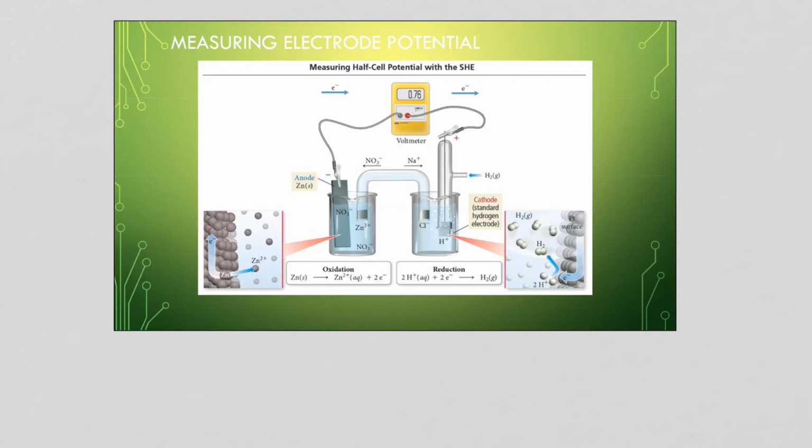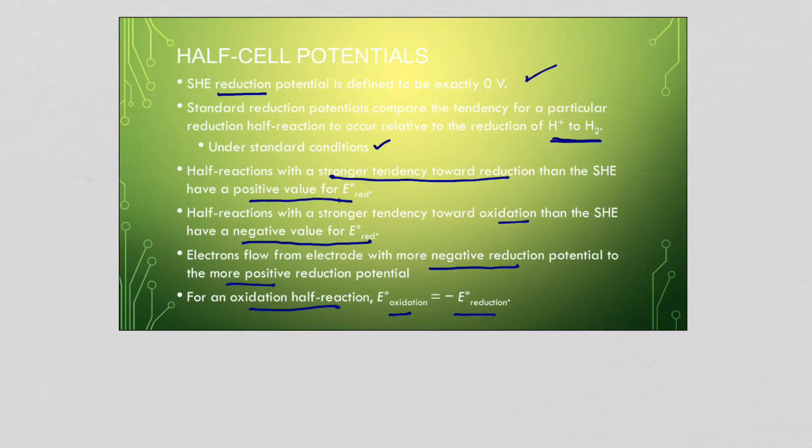So what does that mean, right? If we look back, half reactions that have a stronger tendency toward oxidation or a weaker tendency toward reduction compared to SHE are going to have a negative value for the reduction potential.